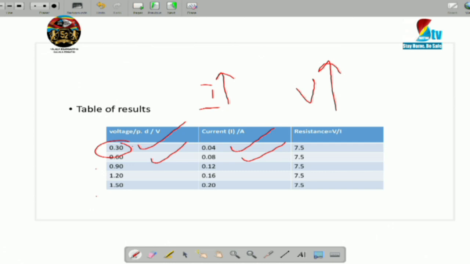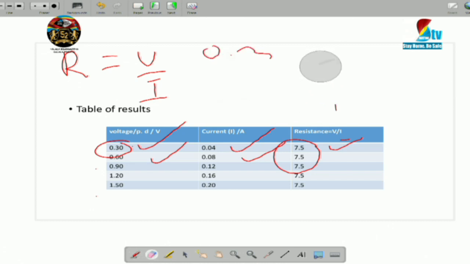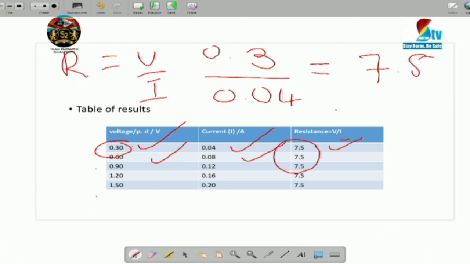But now if we take the voltage and we divide by the current, we are going to get a value here. In this case, we want to calculate what we call the resistance. So if you say R is equal to V over I, and then we take your 0.3, you divide it by your 0.04, and I got 7.5 ohms.